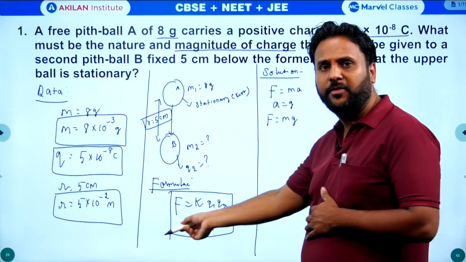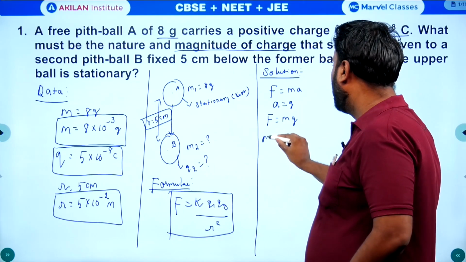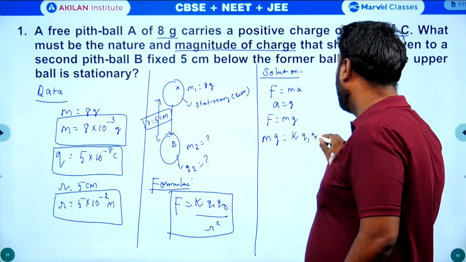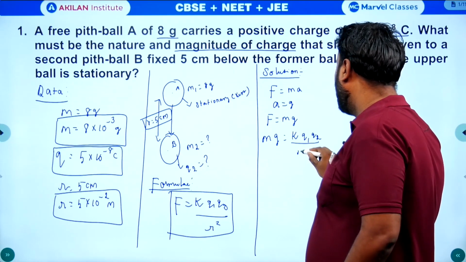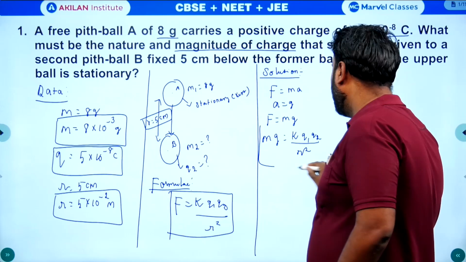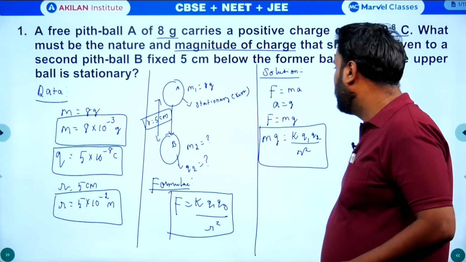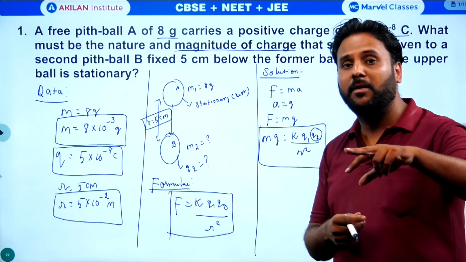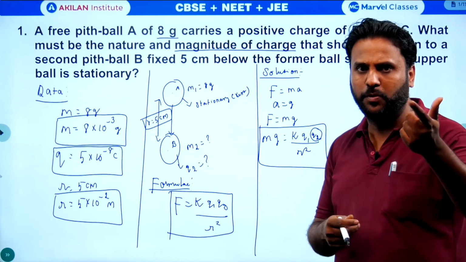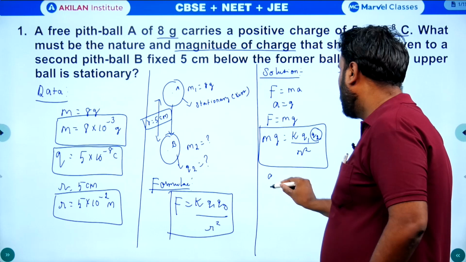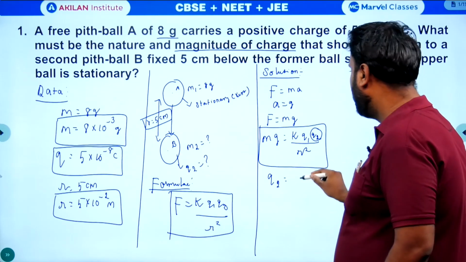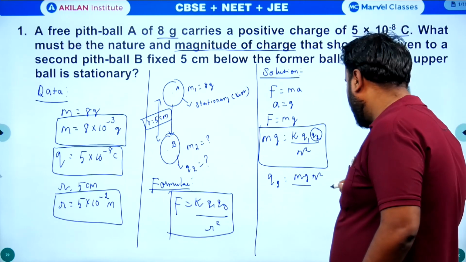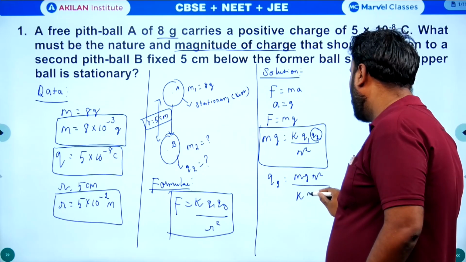Now substitute in the general formula: mg is equal to K Q1 Q2 by R square. From this we have to find out the charge Q2 of the second ball B. So Q2 is equal to mg R square by K Q1.